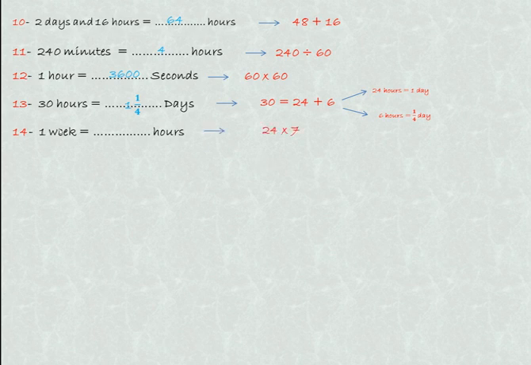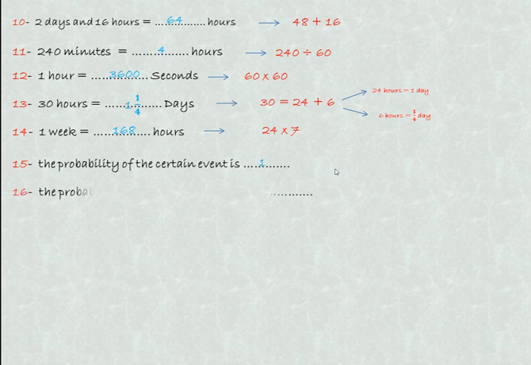At first, 1 week is 7 days, then multiply 7 times 24, because 1 day equals 24 hours, so 7 times 24 equals 168 hours.